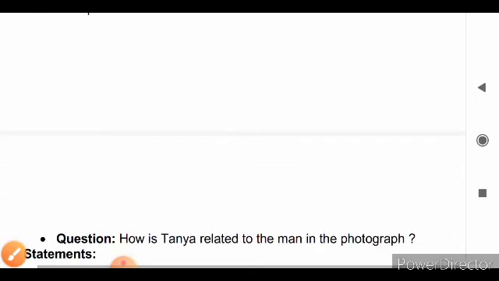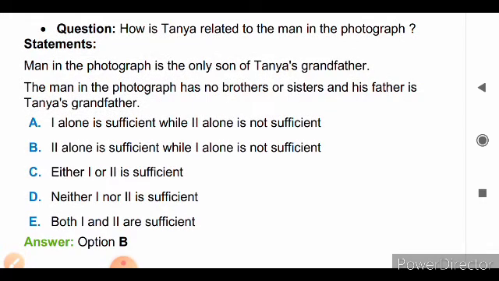Next question is: how is Tanya related to the man in the photograph? Statement 1 is the man in the photograph is the only son of Tanya's grandfather. And statement 2 is the man in the photograph has no brothers or sisters and his father is Tanya's grandfather. So from statement 1 we get the man is the only son of Tanya's grandfather, which means the man in the photograph is the father of Tanya.